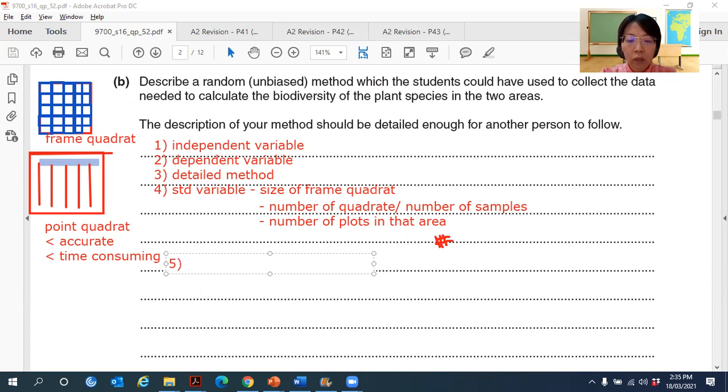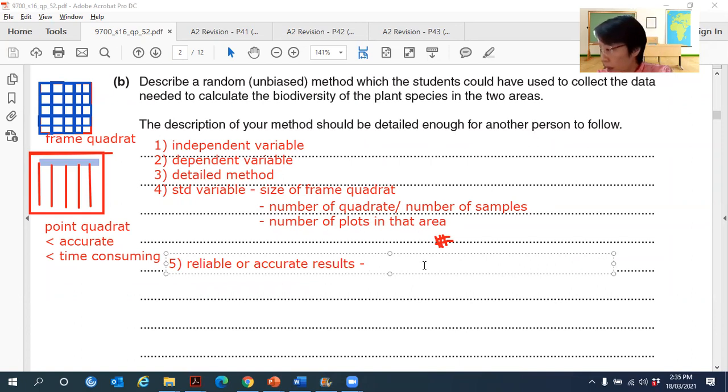So number 5 is actually methods in order to obtain reliable or accurate results. Okay, usually you know that in order to obtain reliable results, you have to have replicates, right? So you need to repeat the experiment, repeat the sampling in different plots.